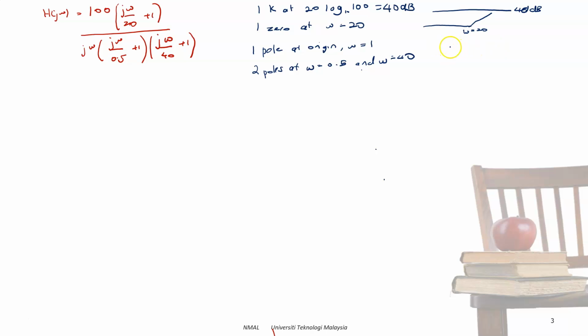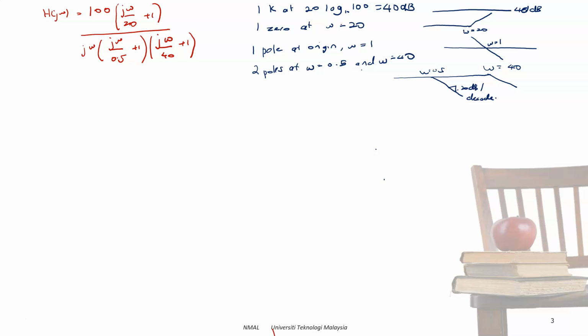So if there is a horizontal line as this, there will be pole that crosses omega equal to 1, and another one is two poles at omega equal to 0.5 and omega equal to 40. So it will be something like this at omega equal to 0.5 and something like this at omega 40. Okay, and the gradient here should be negative 20 dB per decade.